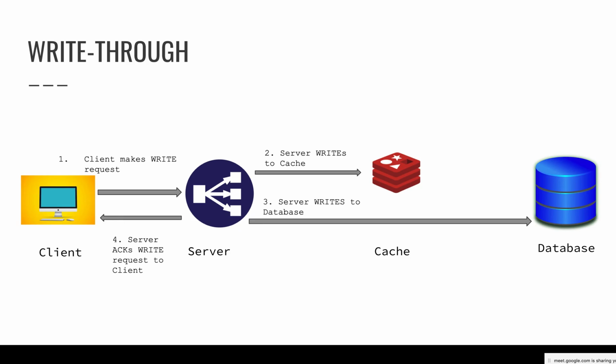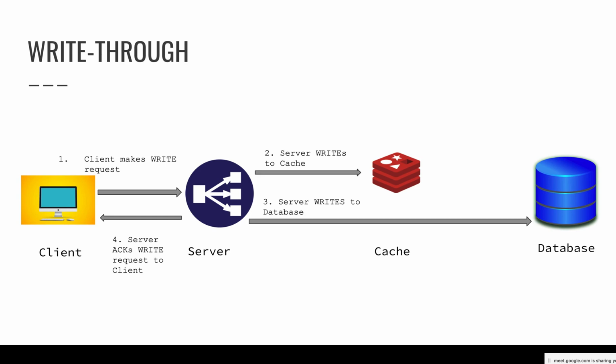Okay, so Vinu, in write through, your server is going to respond back to the client with a successful acknowledgement only if data is written successfully to the cache and data is successfully written to the database. There is an AND condition.